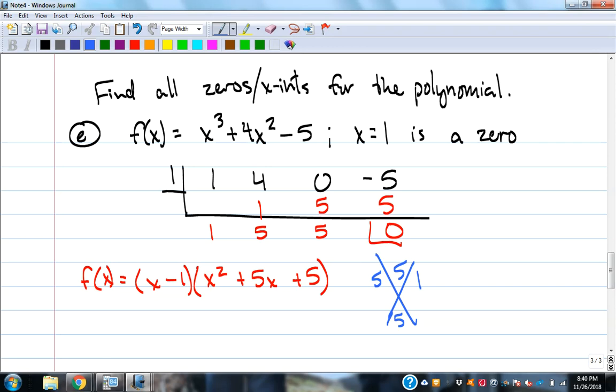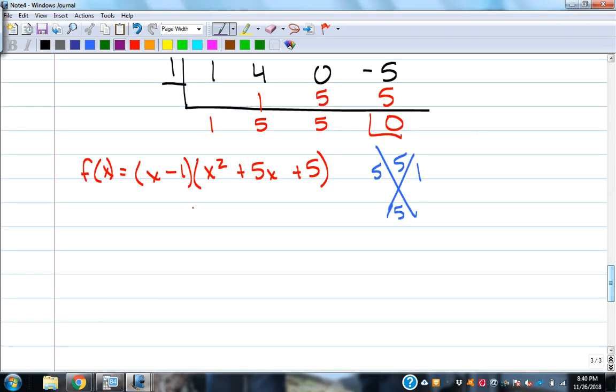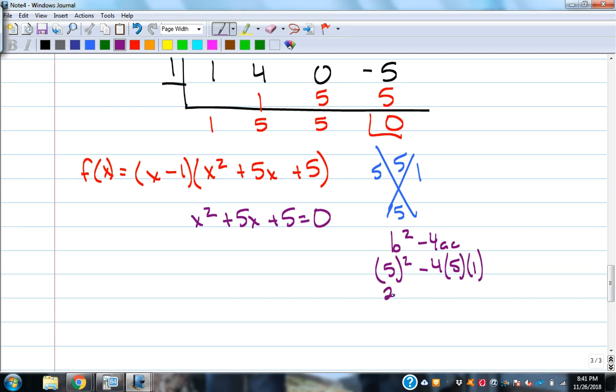So what I'm going to do is set this quadratic equal to 0 and solve it with the quadratic formula. So I'm going to do my discriminant first. That'd be 5 squared minus 4 times 5 times 1. That's 25 minus 20. So my discriminant is 5.